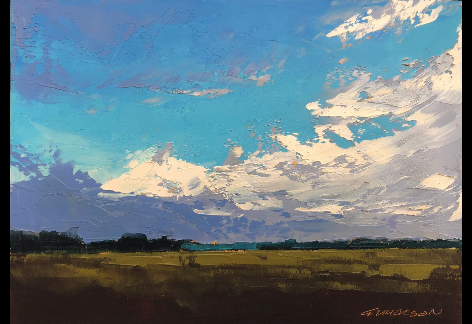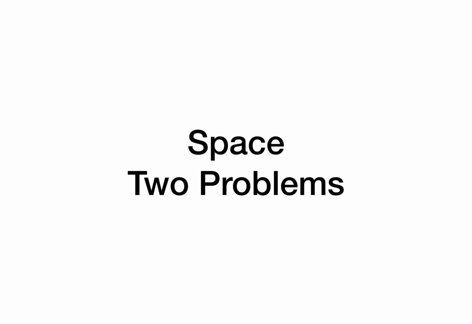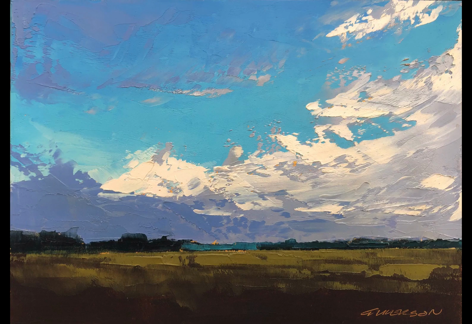So as we're looking at it, I've noticed two really, really big problems with the way that people both teach atmospheric perspective and understanding of color, and the way that people apply it. And I want to make sure that we don't get trapped in these two big issues.